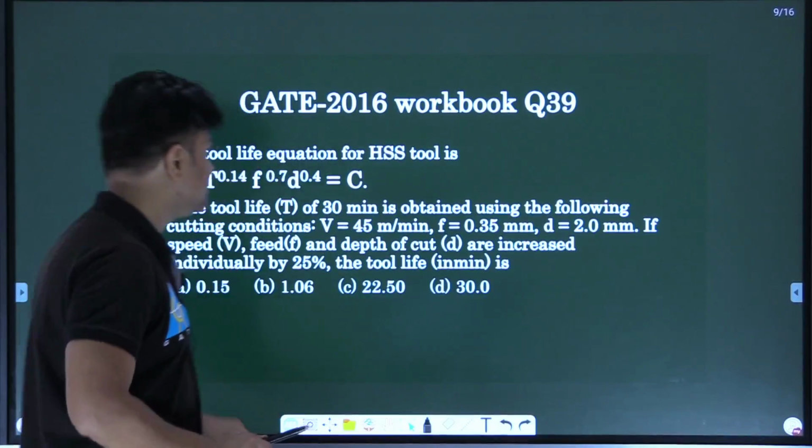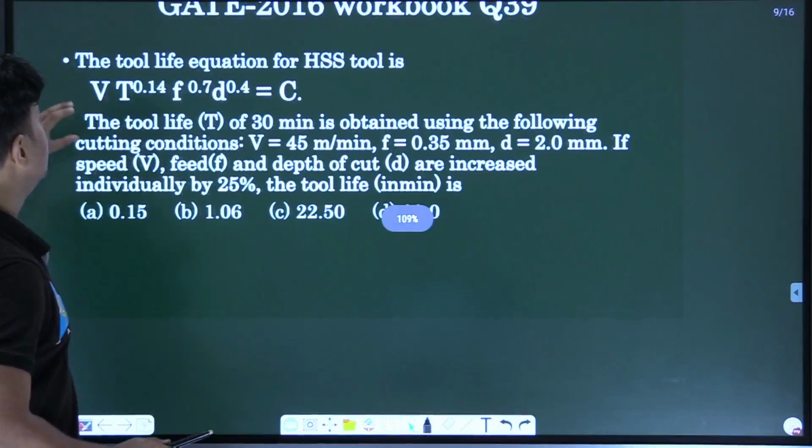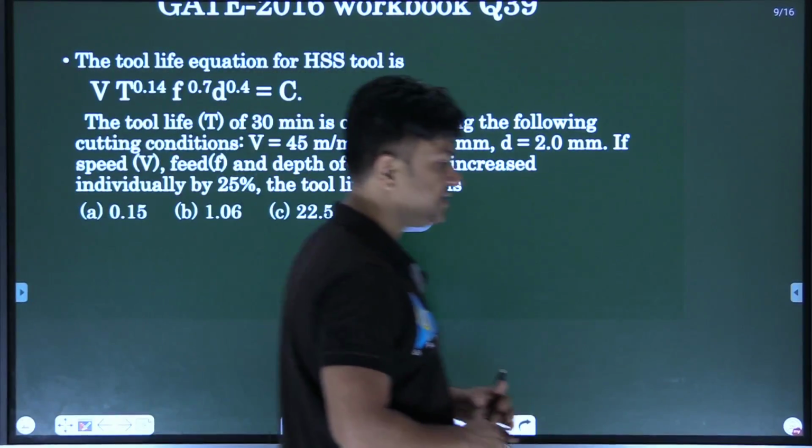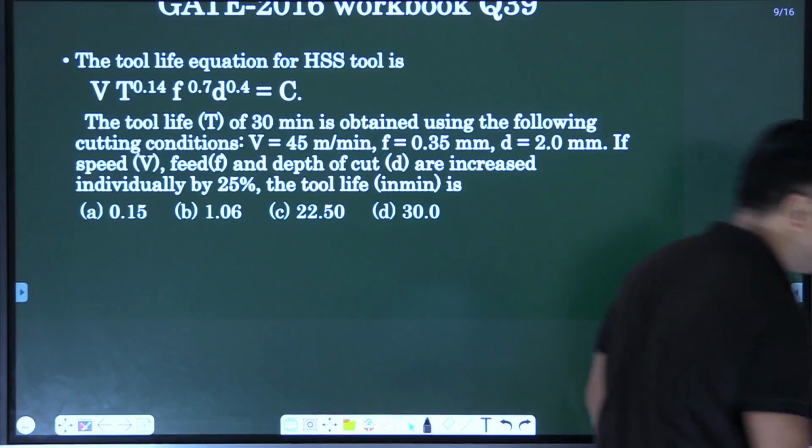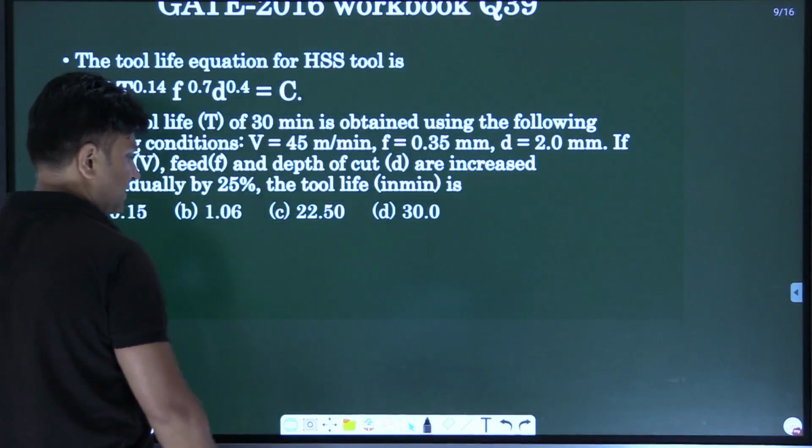Now there is a question. Here you can see the question is based on tool life, and here we are considering all the parameters. See what the question is saying.